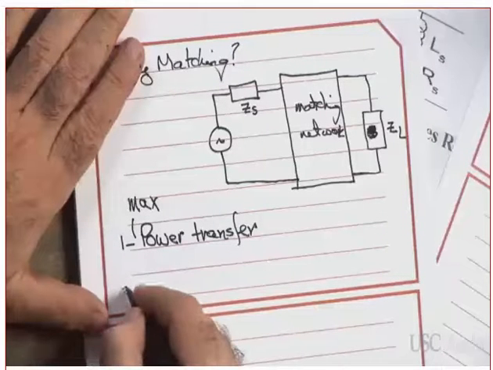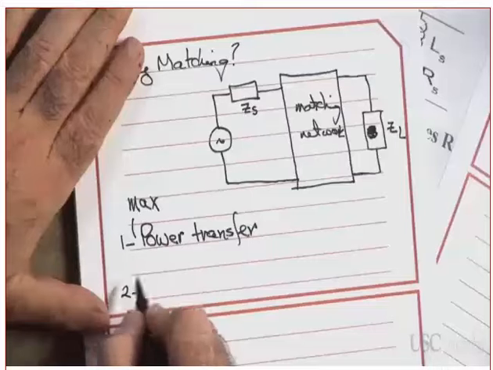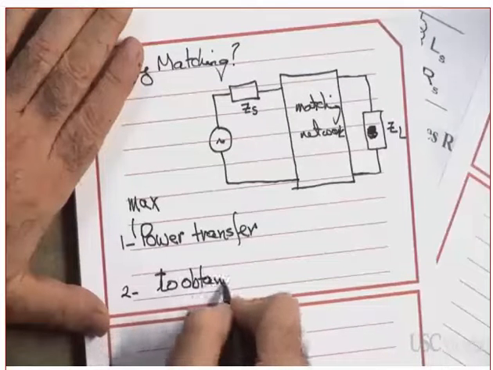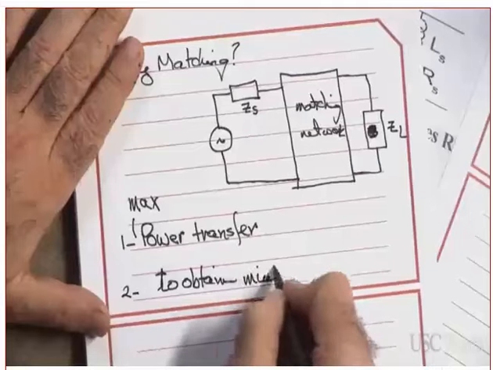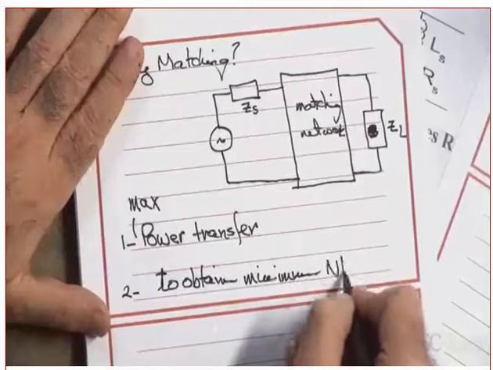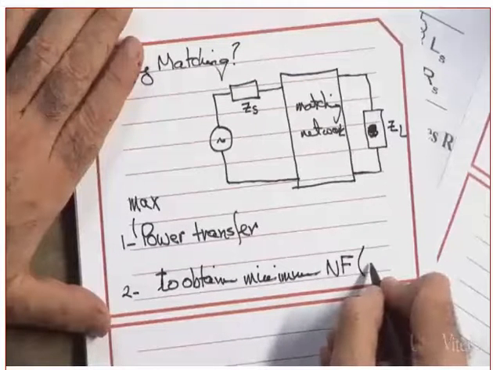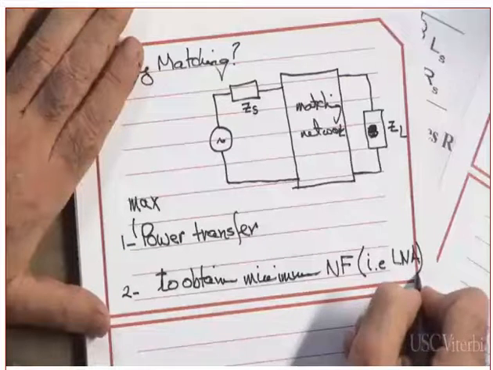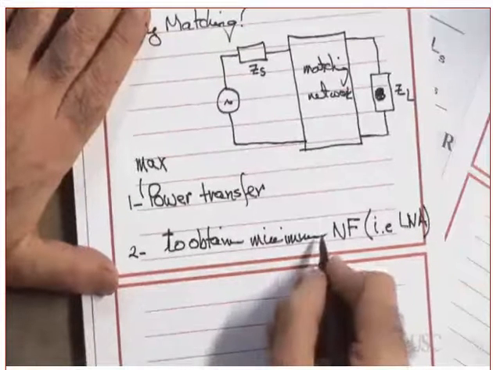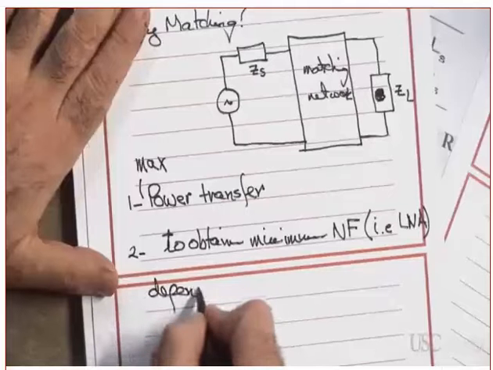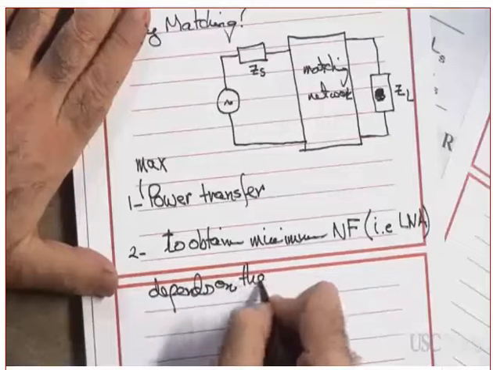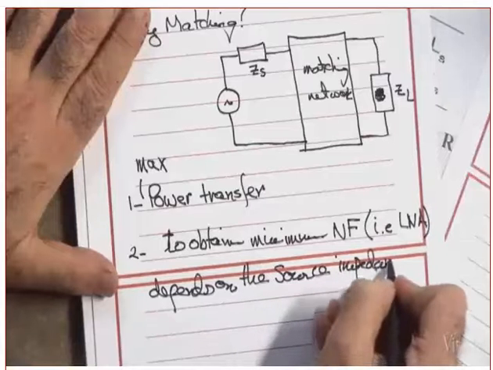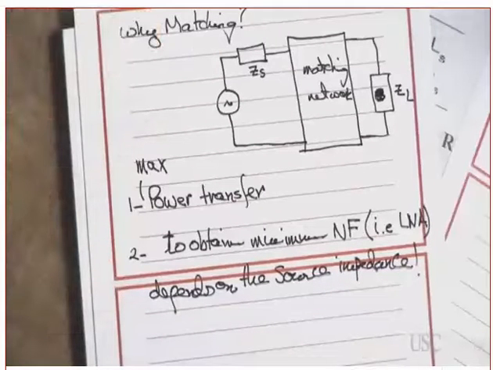We want that. Second, which is not very clear yet, unless we see it, we will see that to obtain the minimum noise figure, in, for example, an LNA, the optimum value, or the minimum value if you'd like, depends on the source impedance.